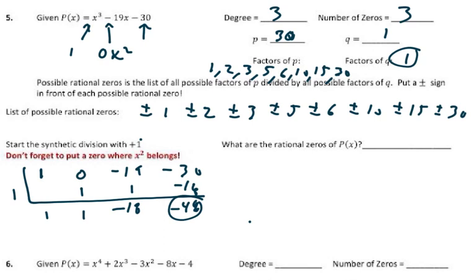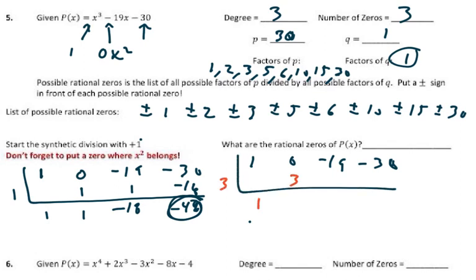So why don't we try, we'll go positive here, why don't we try 3? Because if this was a small negative, then I would probably try 2. So it's kind of a guessing game here. So this time we're trying 3. We bring down the 1, we get 3, 9, that's negative 10.